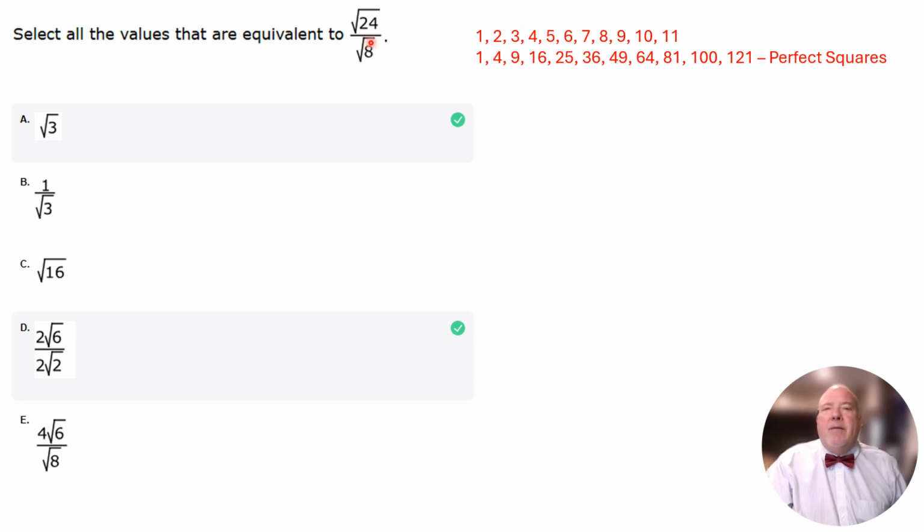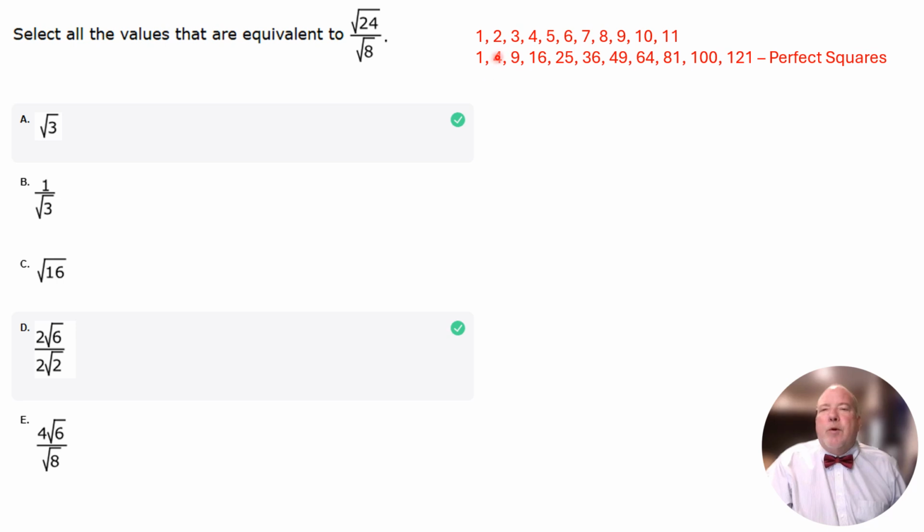Okay, so whenever you're dealing with square roots, I tell my students to make a list on their paper of all the perfect squares so that you can just quickly look at them. These numbers came from just taking the numbers 1 through 11. You could do more numbers if you wanted, but that's probably good enough. And then squaring each of those numbers, so multiplying them times themselves.